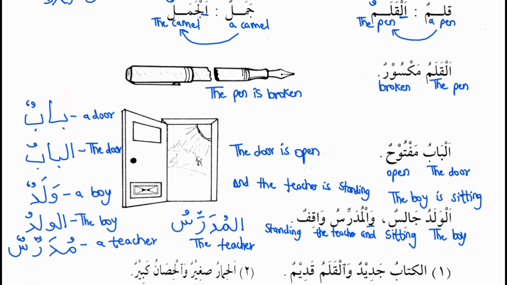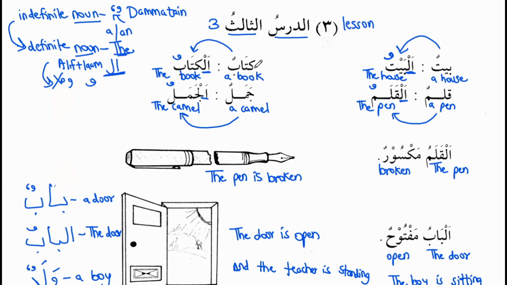Alright, now let's revise all the words that we have learned today. In lesson 3, we learned about converting indefinite noun to definite. How do we do that? By adding alif lam before the noun and removing one of the dhamma from the tanween, just having one dhamma on top.